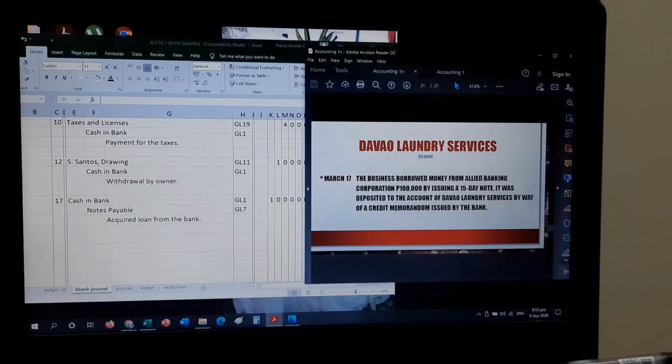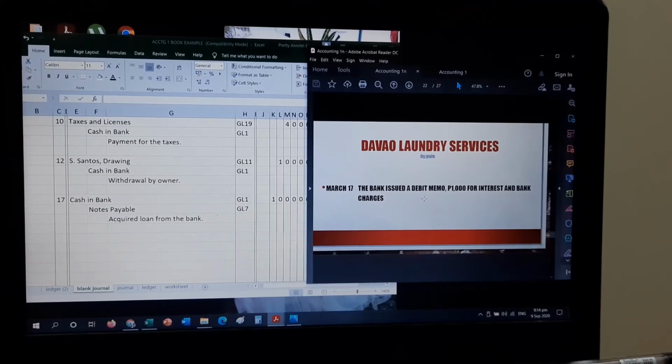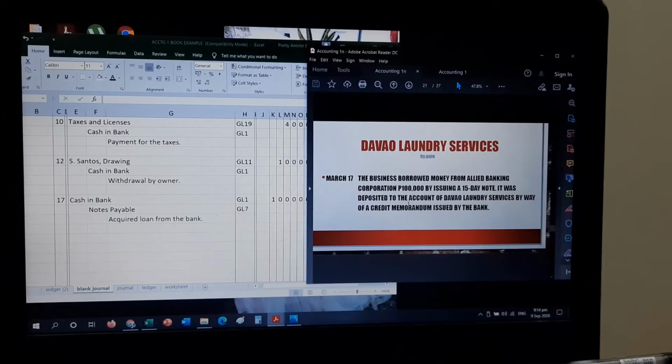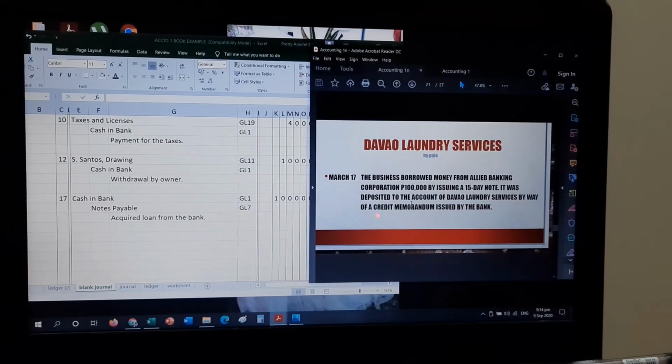Next transaction. The bank issued a debit memo, 1,000 for interest and bank charges. If you have noticed, the previous transaction mentioned a credit memo.